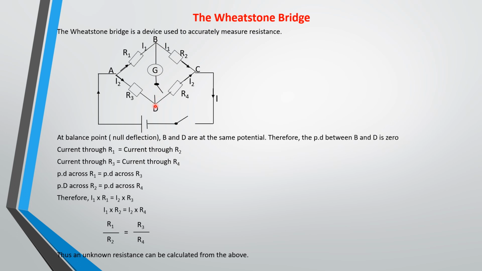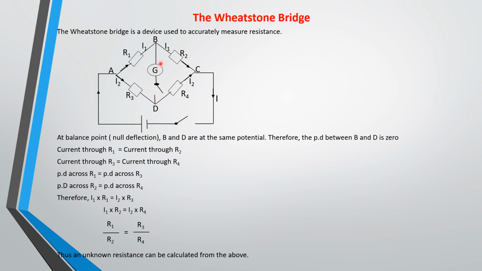So B and D at balance point, they will be at the same potential. And once they are the same potential, it means that the potential difference between B and D is 0. The potential difference between B and D is equal to 0.